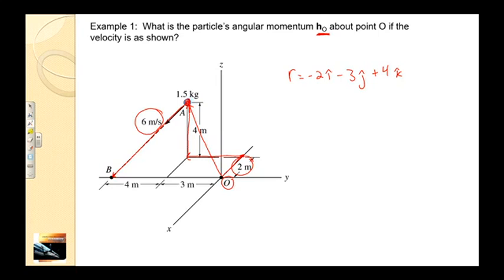My velocity. I'm going 6 meters per second. And the direction, though, the direction is the unit vector between points A and B. A to B. So for that, we've got to figure out what that unit vector is. Well, what am I doing to get from A to B? In the x direction, looks like I'm moving positive 2.